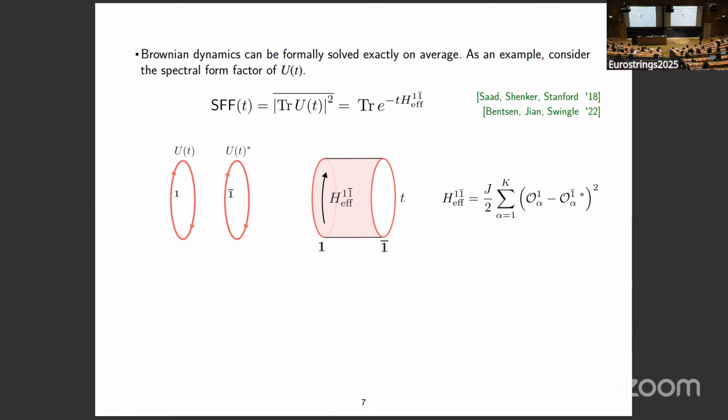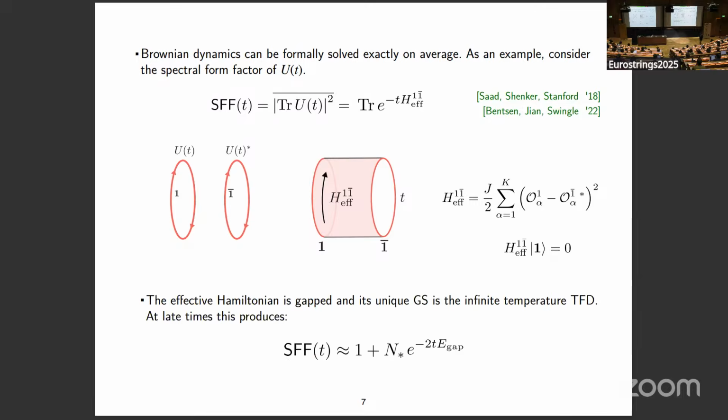The average over couplings produces effective interactions between contours in the form of a time-independent effective Hamiltonian. The effective Hamiltonian contains quadratic interactions between the operators on both contours. Okay. So essentially, computing some very complicated quantity on average reduces to a simple quantum stat mech problem.